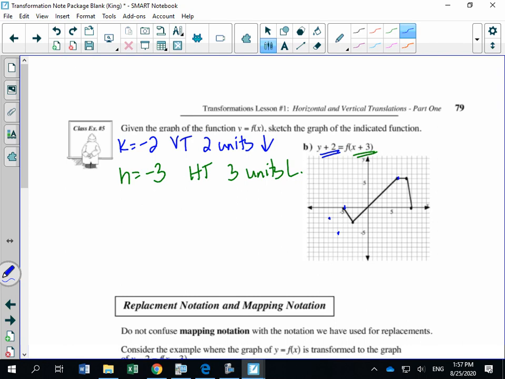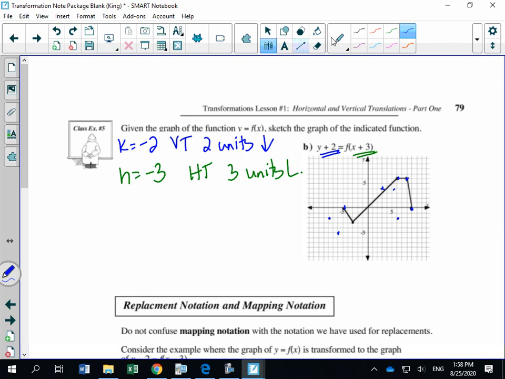This point, 3 units left, 1, 2, 3, 2 down is right about there. This guy, if I went 3 units left, 2 units down, 1, 2, 3 would be about here. And then this last point, 3 units left, 1, 2, 3, and 2 units down would be about there.